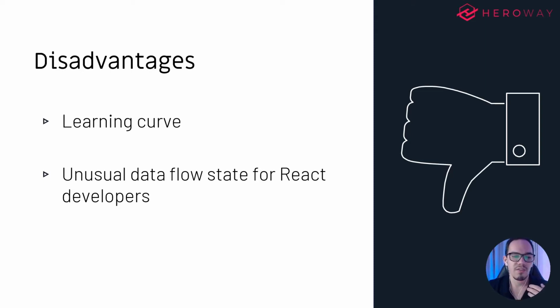So for developers who are accustomed to working with React, it could be a bit strange at the first moment, but I guarantee you it's a very interesting and cool library and a new way to think as well.